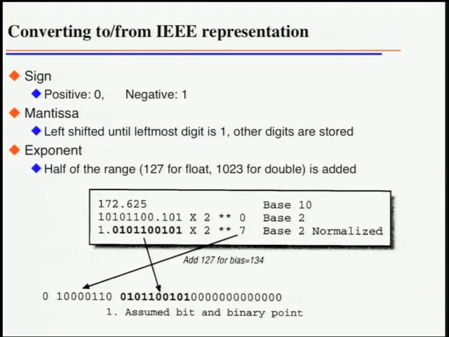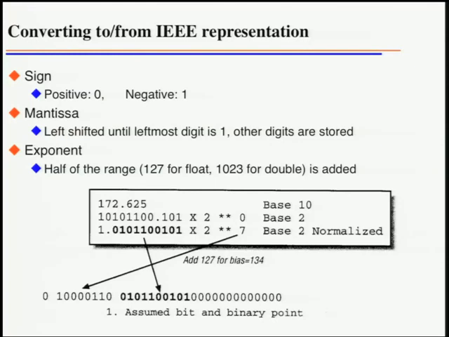So we can have a short look into this IEEE representation. How is that stored? We had the sign bit. If that is 0, we have a positive number. If it's 1, we have a negative number. Then the exponent is stored without a sign bit.